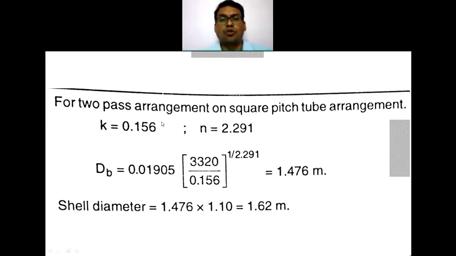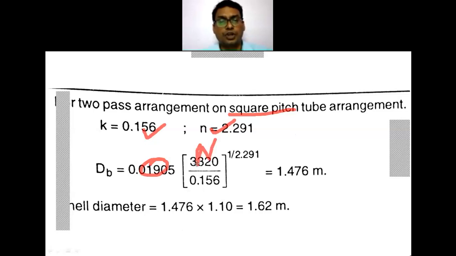These two constants are already provided, and N is the number of tubes, that is 3320.